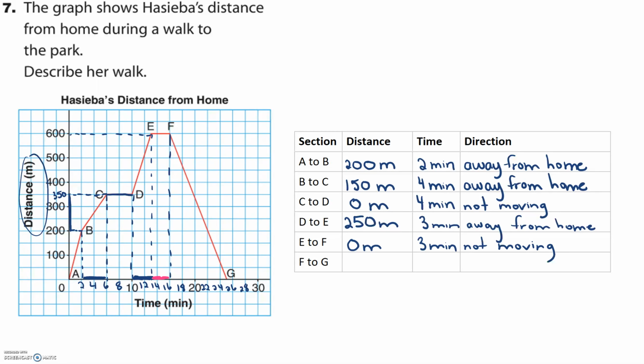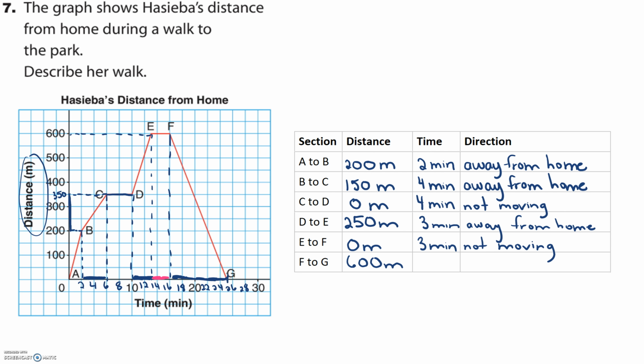And then the last section is from F to G. F starts at 600 and goes right down to 0. So from 600 to 0, it's 600 meters in total. That's a long way. The time that it took her from 16 minutes until the end is in the middle, so I'd say that's about 25 minutes.